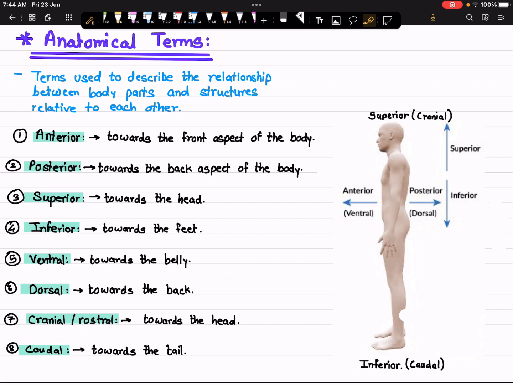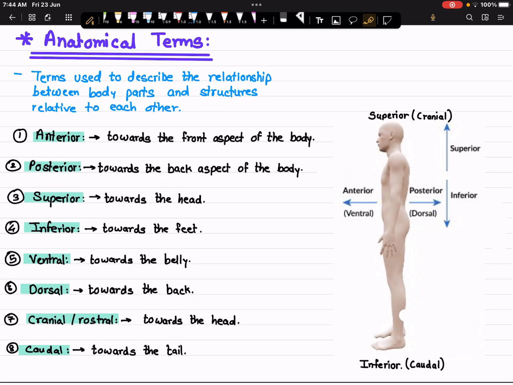But when it comes to the exact precise difference between anterior and ventral, anterior is towards the whole front aspect, whereas ventral is towards the belly. When it comes to posterior and dorsal, posterior is towards the whole back aspect of the body, and dorsal is towards the back. Hope this is pretty much clear.